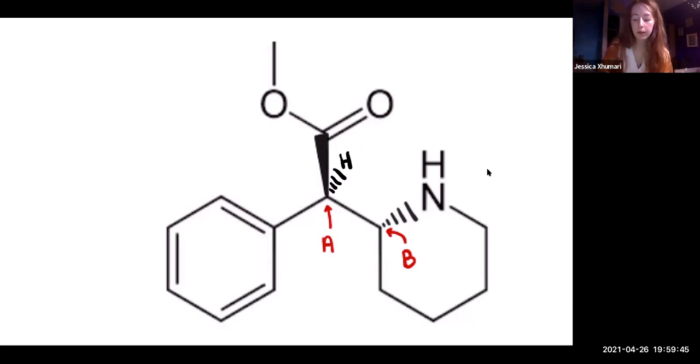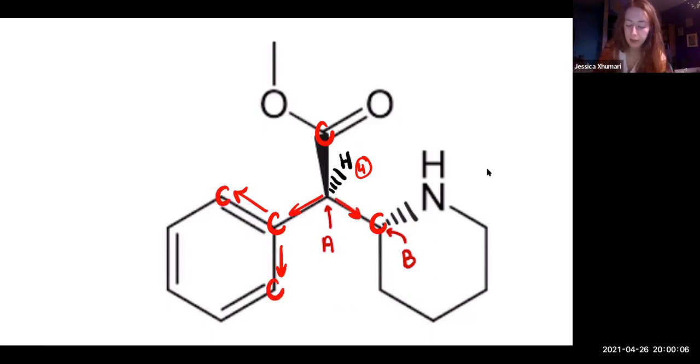And we know that the hydrogen is going to be number 4. And then we run into carbons at each point here. So that means we just need to take it a step further. When we branch out here, we just run into more carbons. When we branch out here, we run into a nitrogen.